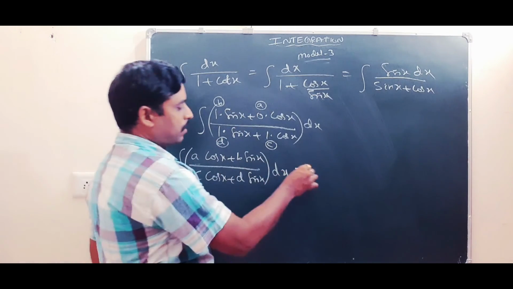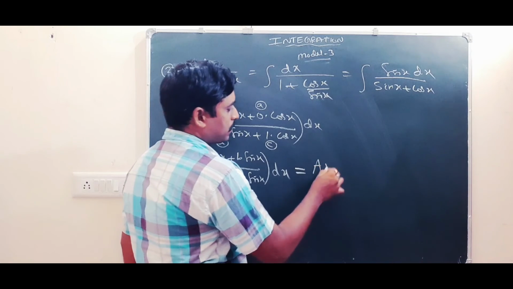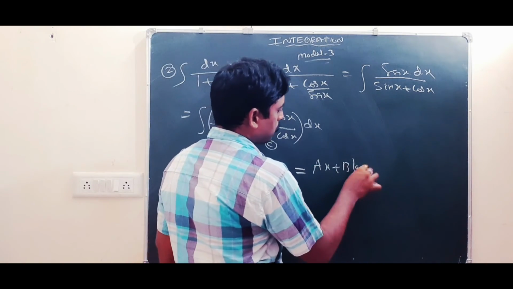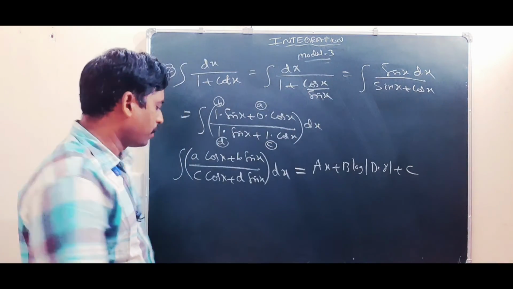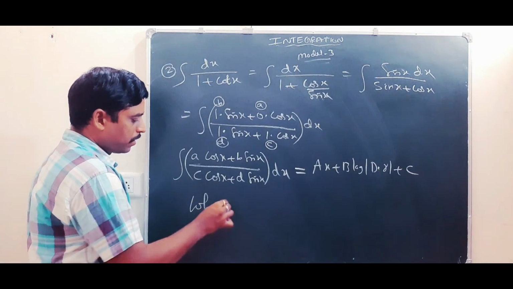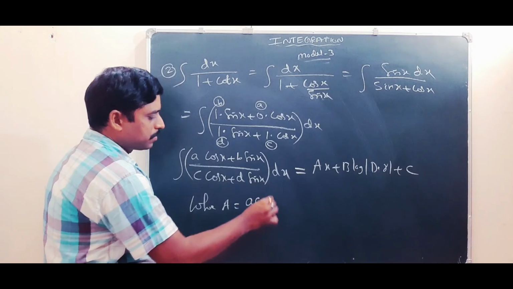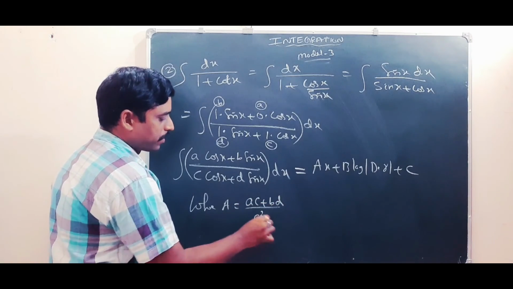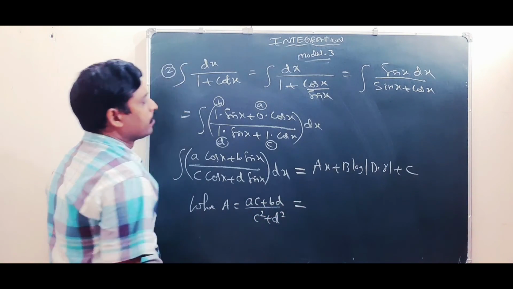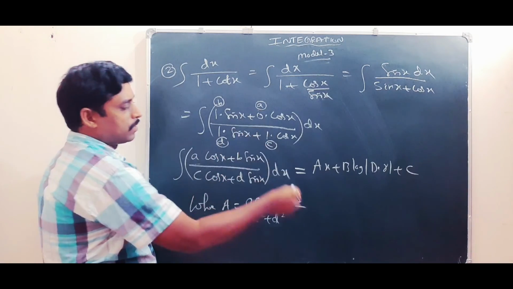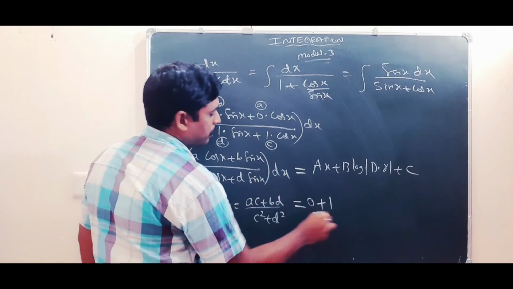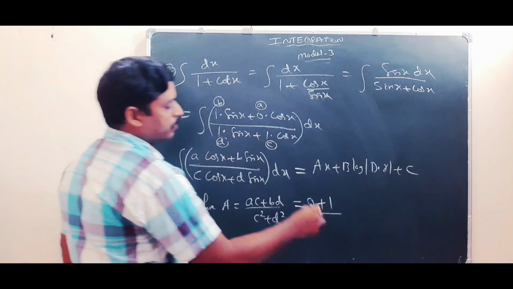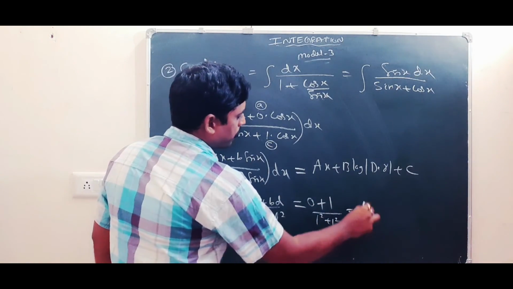Okay, the answer is ax plus b log denominator plus c, where a is equal to ac plus bd by c square plus d square. ac is 0 into 1, which is 0, bd is 1, by c square plus d square, 1 square plus 1 square, which is 2. So it is going to be 1 by 2.